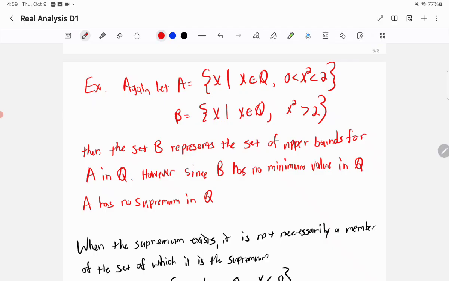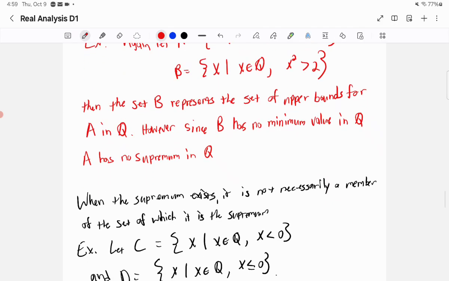So this obviously has to be an upper bound. Even the smallest number in B is greater than the greatest number in A. Therefore, every element of B is an upper bound of A. However, B has no minimum value. We already proved that in the rational numbers.